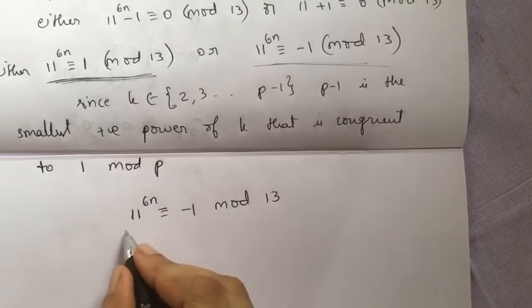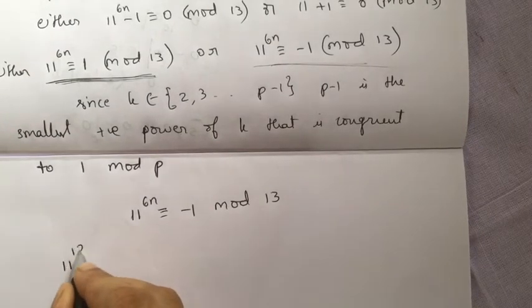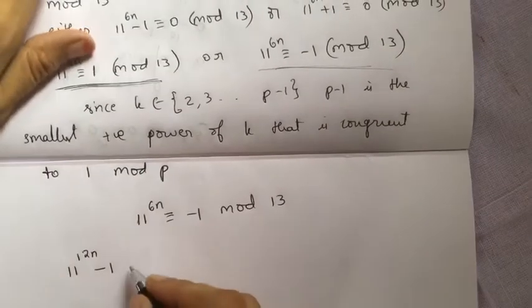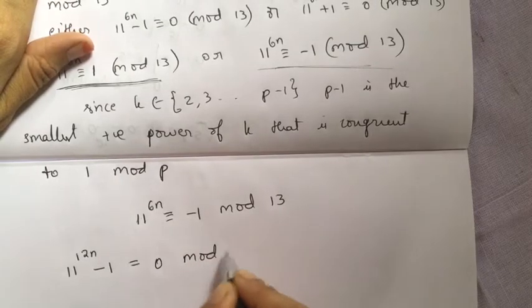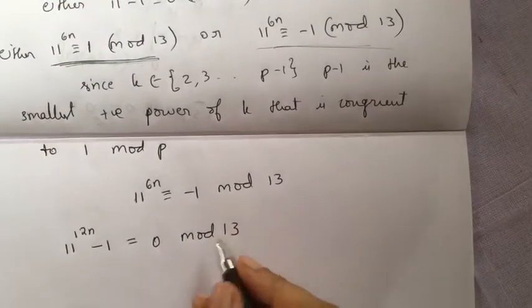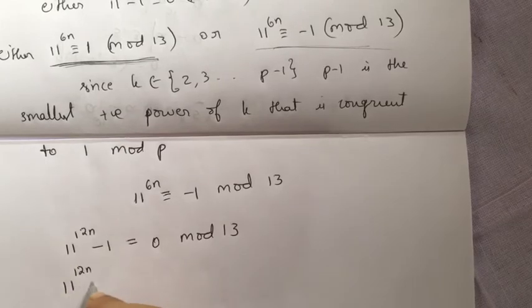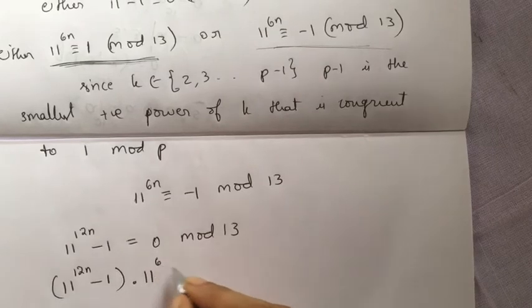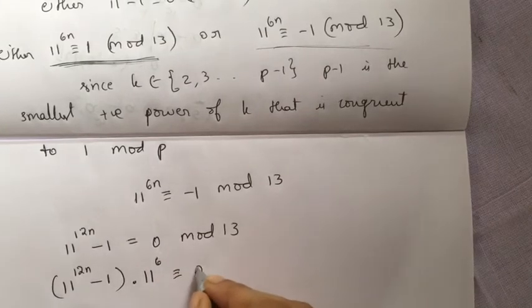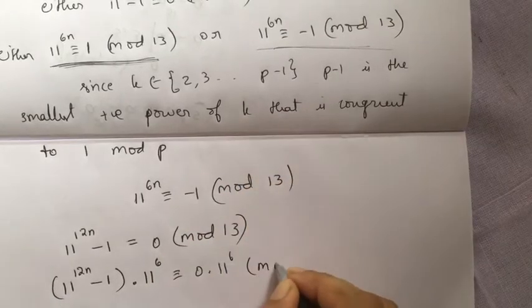Okay, then I'll take up this: 11 power 12n minus 1 is congruent to 0 mod 13. I'm taking that and I'll write this as 11 power 12n minus 1 multiplied by 11 power 6 is congruent to 0 into 11 power 6 mod 13.